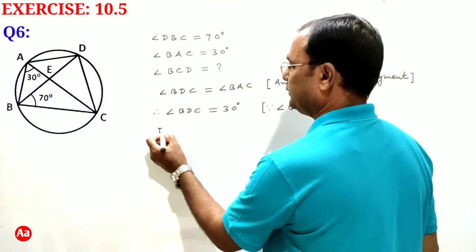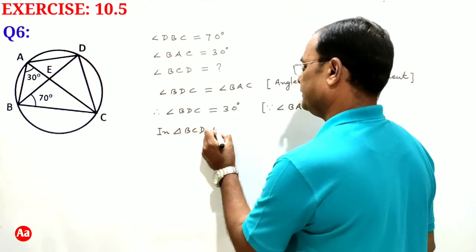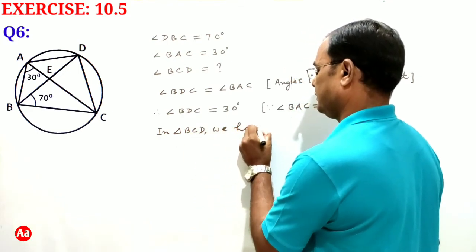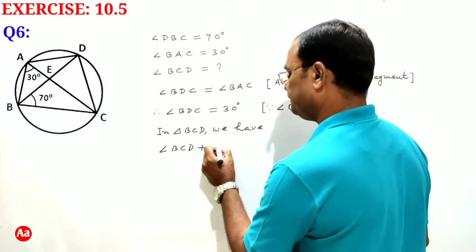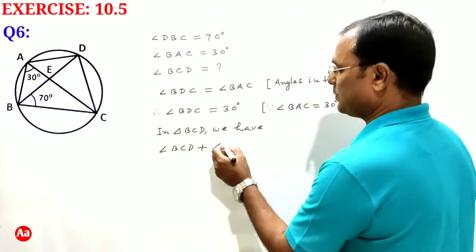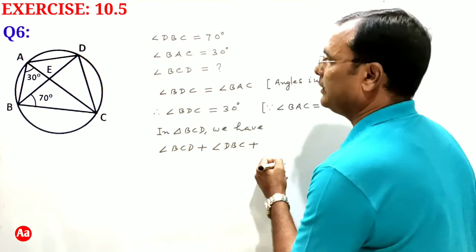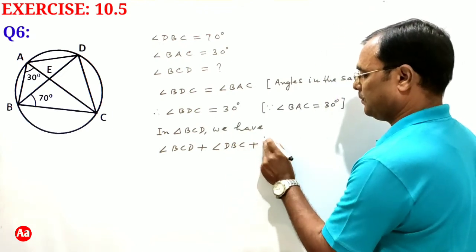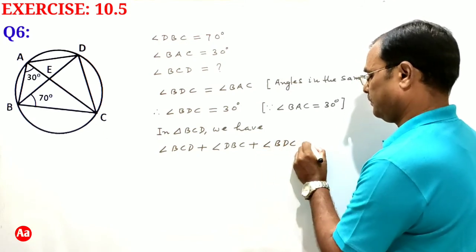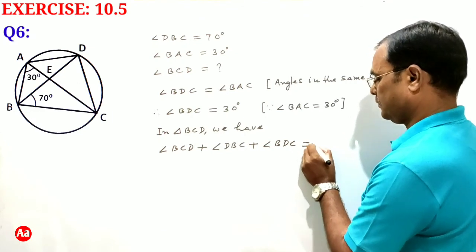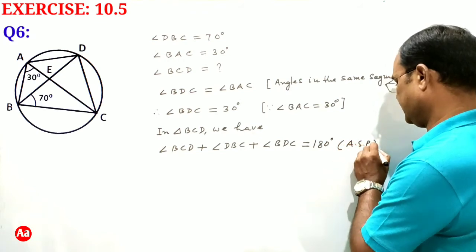In triangle BCD, we have angle BCD plus angle DBC plus angle BDC equal to 180 degrees. It is the angle sum property of a triangle.